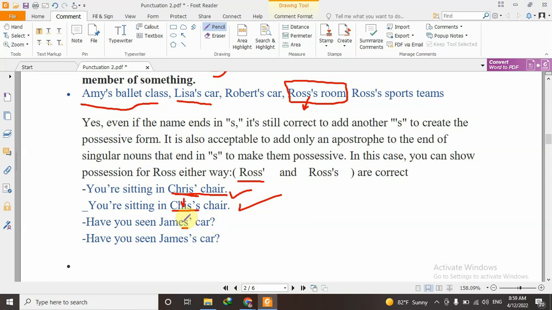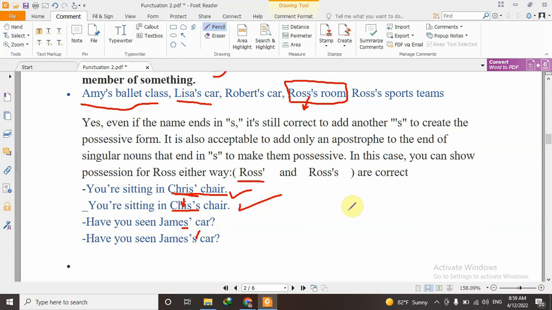So I can write it just by adding an apostrophe and the second noun, or I can write it by adding the apostrophe and the possessive s and then the second noun. Both of them are correct. Okay.